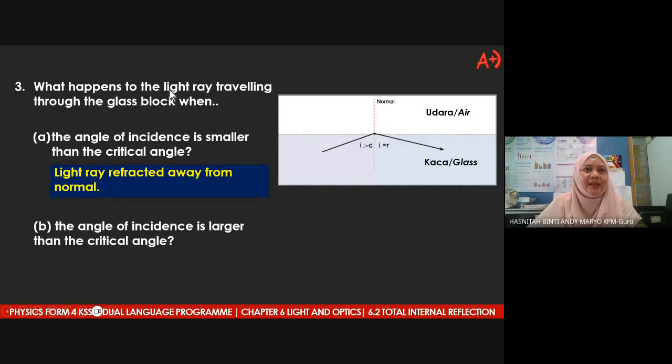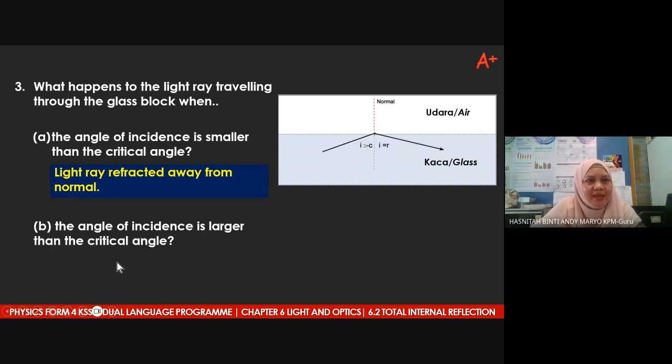What happened to the light ray traveling through the glass block when the angle of incidence is smaller than the critical angle? When i is smaller than C, refraction occurs and the light is refracted away from the normal. Why away? Because it travels from higher optical density to lower optical density medium, from glass to air.